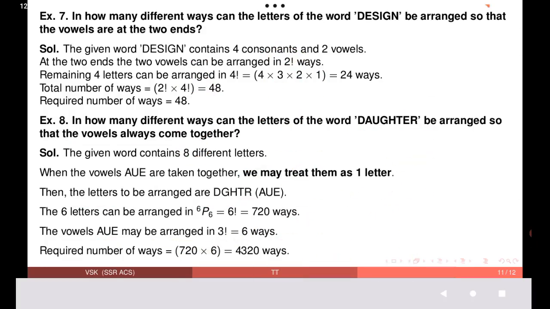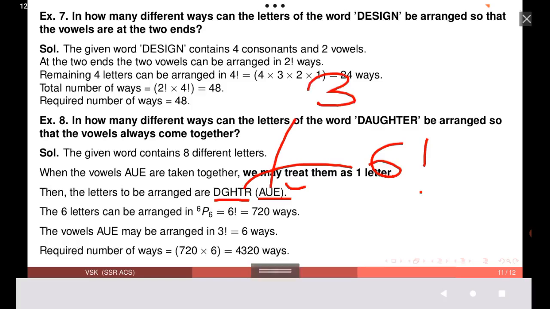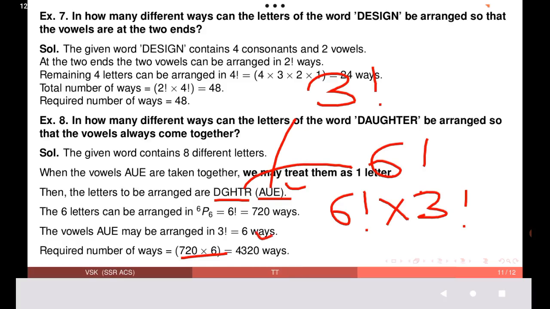We have written all vowels together and all consonants over here. Treating this as one letter, these are six letters in total. This can be arranged by factorial six ways. And the remaining 3 vowels can be arranged by factorial three ways. So the total number of ways will be factorial 6 into factorial 3, that is 720 into 6, that is 4320.